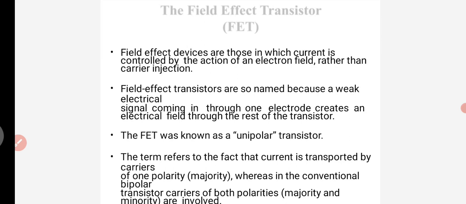The field effect transistors are so named because a weak electrical signal coming in through one electrode creates an electric field through the rest of the transistor.